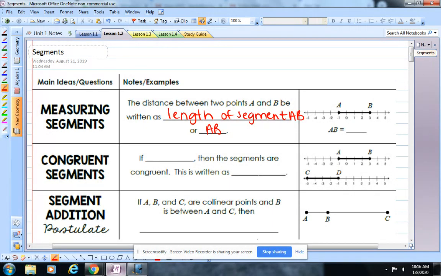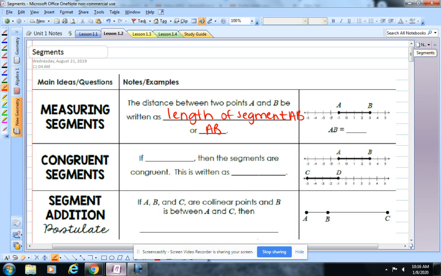If there's no symbol, just two letters together, it's the length of that segment, the measure of it, like 5 centimeters or 10 miles. But if it has the bar over it with no arrows, that's the actual segment. It's important to know the difference, because this is the name of the segment, and this is the length of the segment.